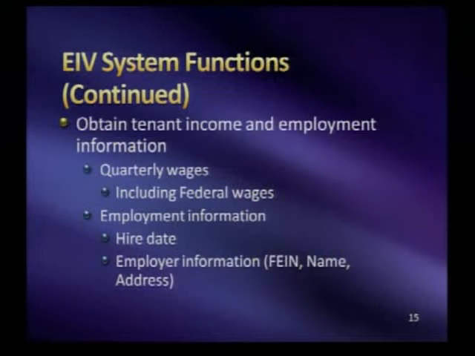Now, EIV also obtains tenant income and employment information, and these are the categories of the information. Again, quarterly wage information, including federal wages. Most people were not aware that EIV also has federal wages. Federal wage information is in EIV, along with the employment information, the hire date, as well as the employer information.